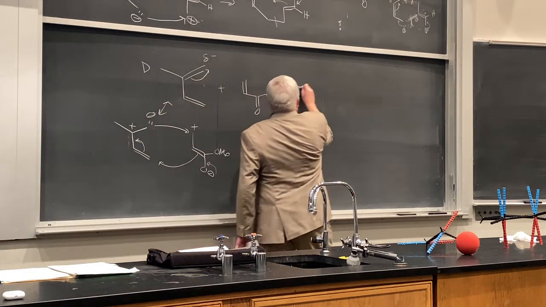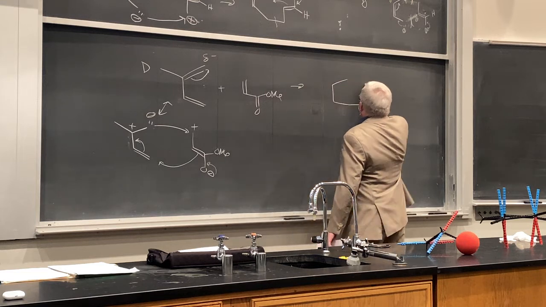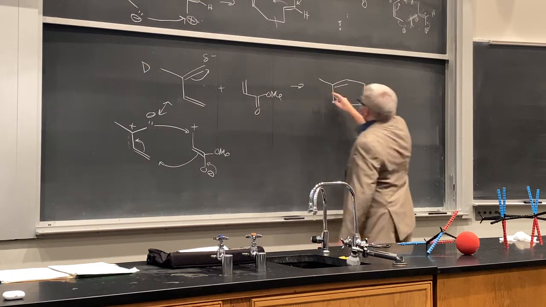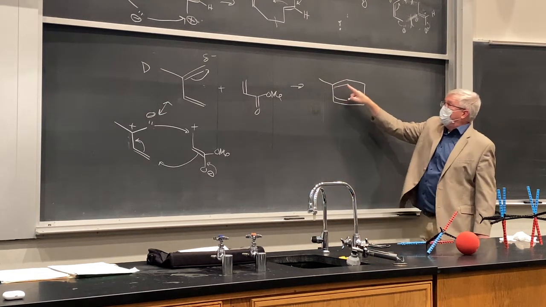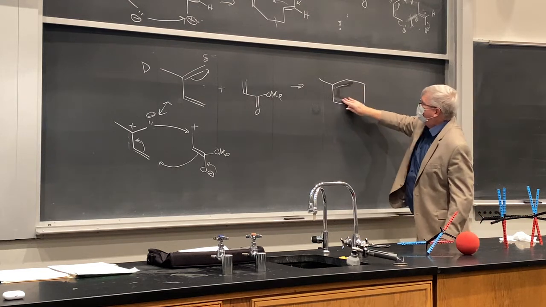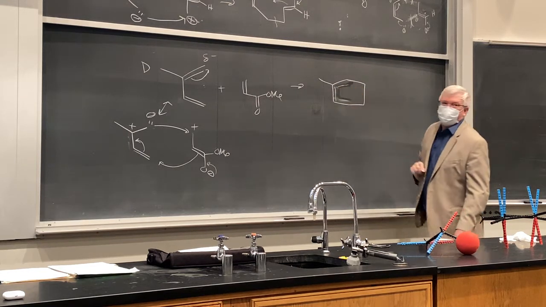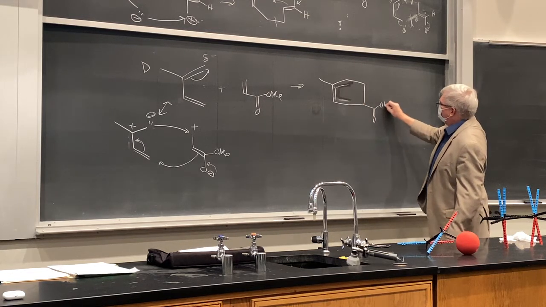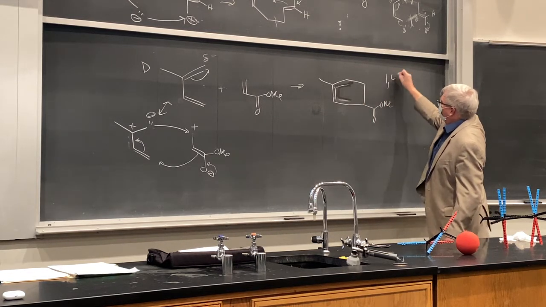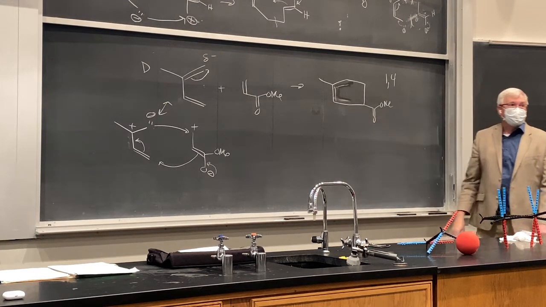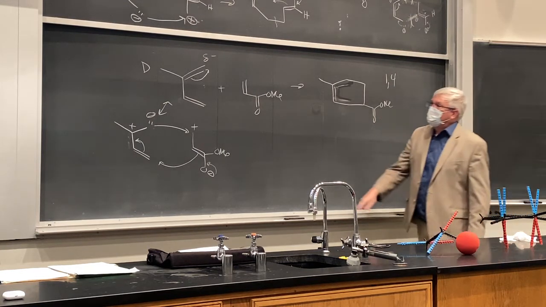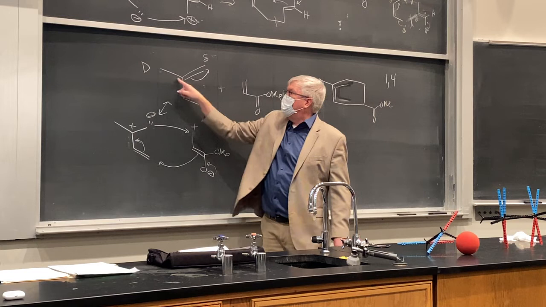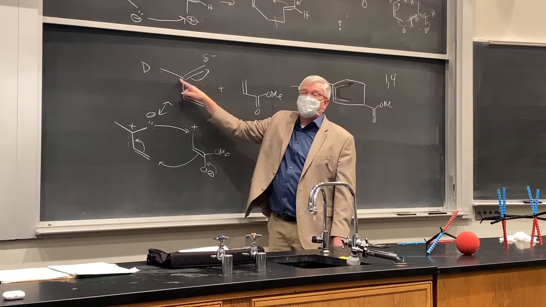So what's our product? Well, the methyl group's at the 2 position now, not at the, oh, I got to move the double bond over to it. And then where's our ester? It'll be down here. And that's called the 1,4 product, okay? That's because we moved the donor, this methyl group, over to this 2 position here.